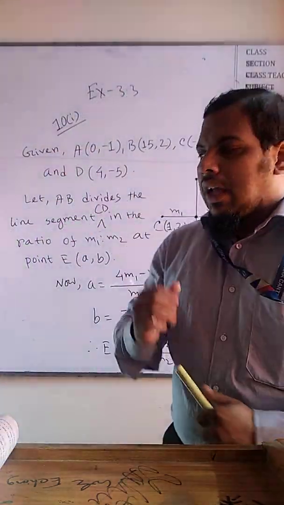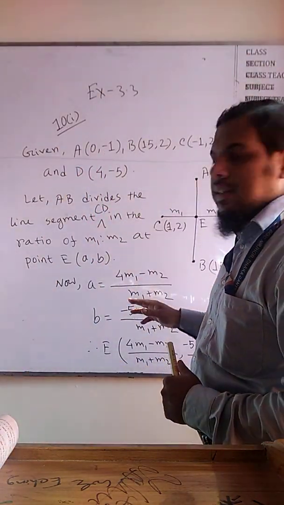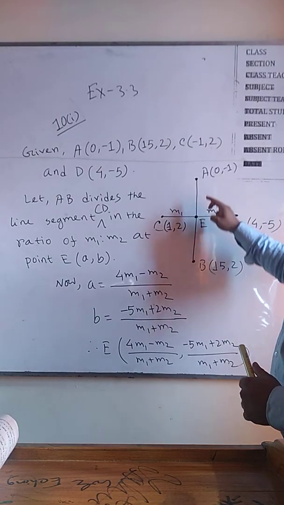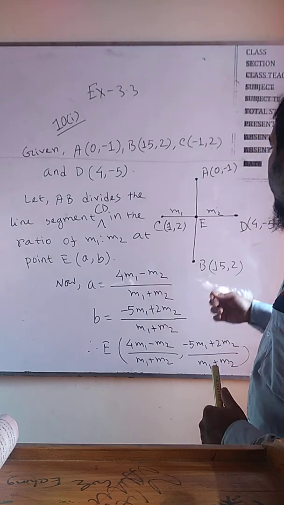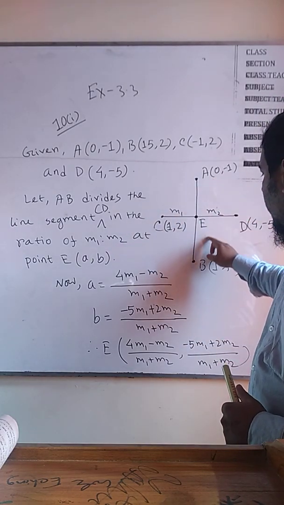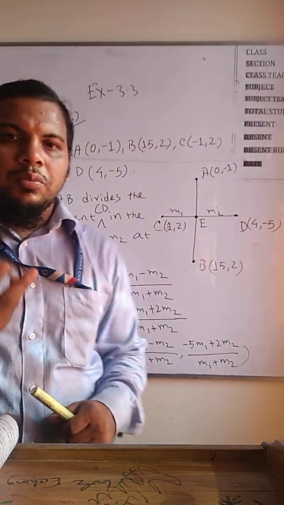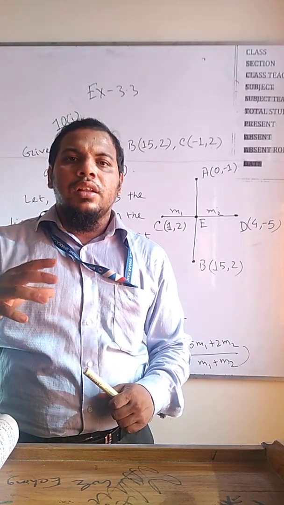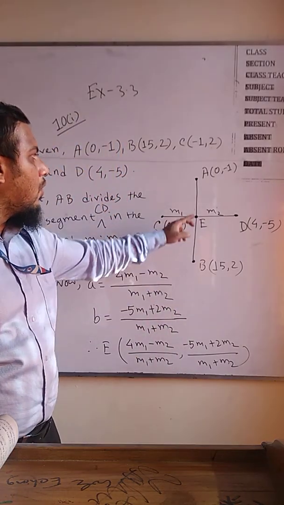Now one thing: A, E and B are collinear. So if we use the coordinates of A, E and B and apply the area of triangle formula, what will the area be? The area will be 0, as they are collinear.